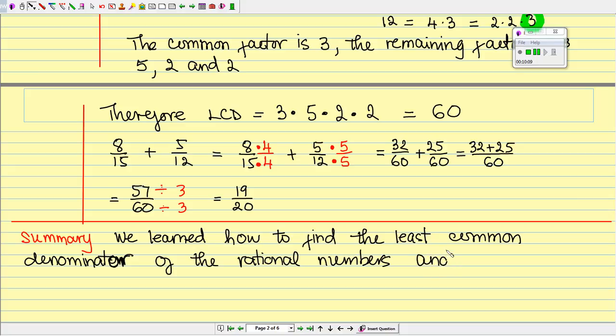And we also learned how to add rational numbers with different denominators.